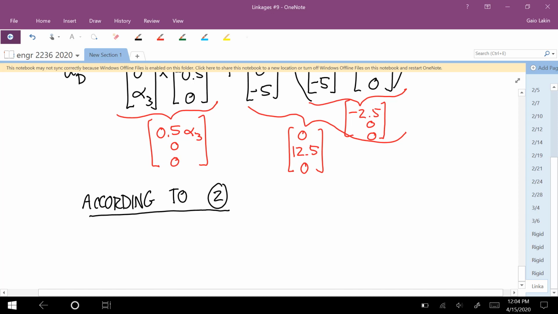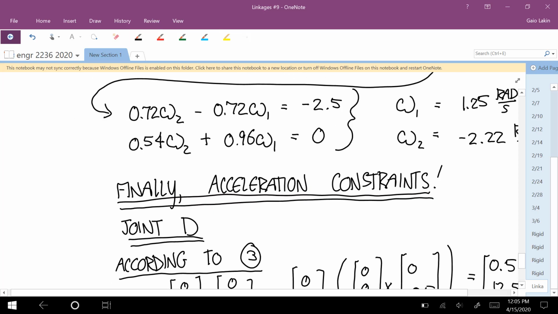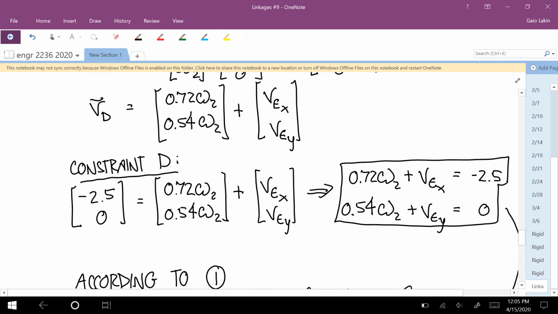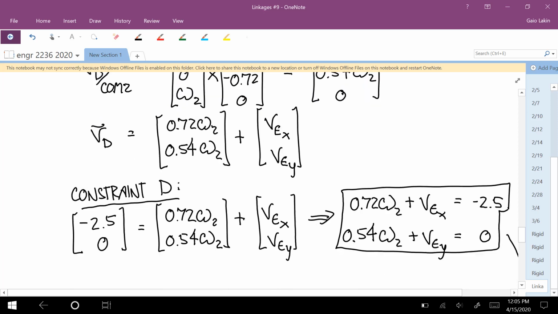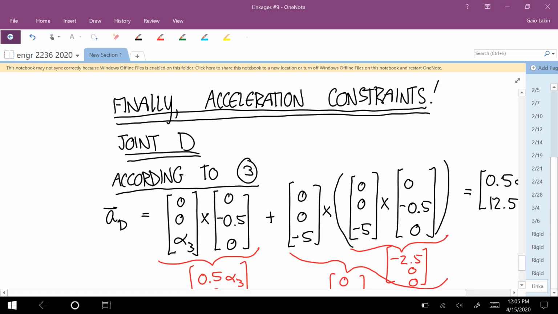I'm just going to add on the acceleration of the center of mass at the end, but relative motion is why that's going on. So the acceleration of D is equal to 0, 0, alpha 2 crossed with the R vector, which we have up here above, 0.54, negative 0.72.